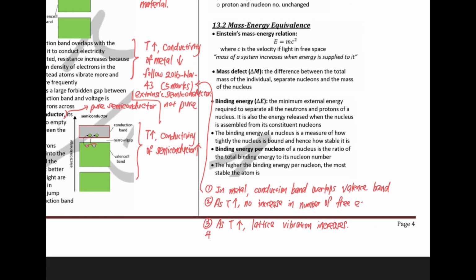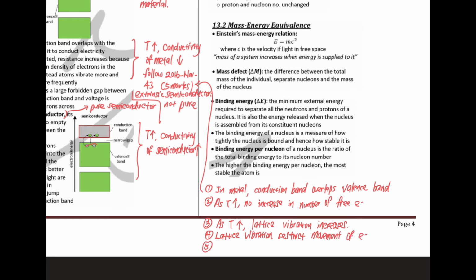And number 4, lattice vibration is the atoms vibrating. Then lattice vibration restricts movement of electrons.